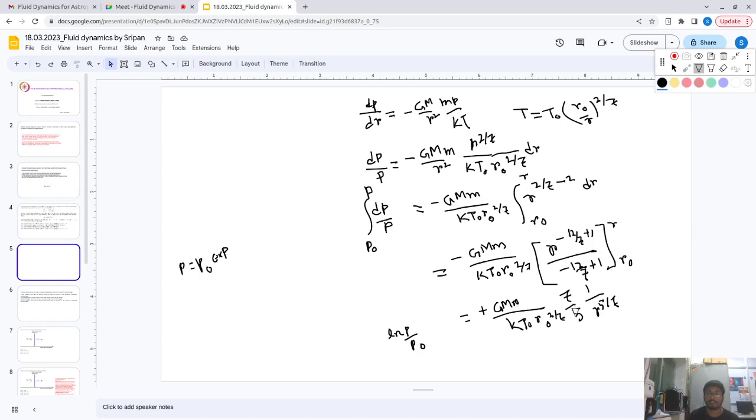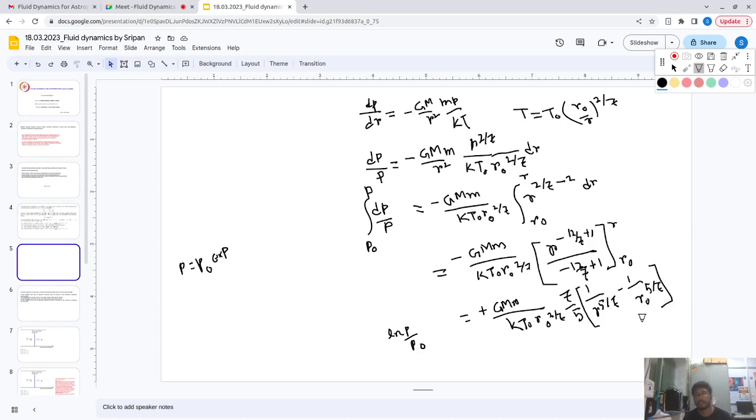So if it is r naught, then what happens is this one is here, right? This entire thing is there, and then this is minus 1 by r naught 5 by 7, right? Okay.